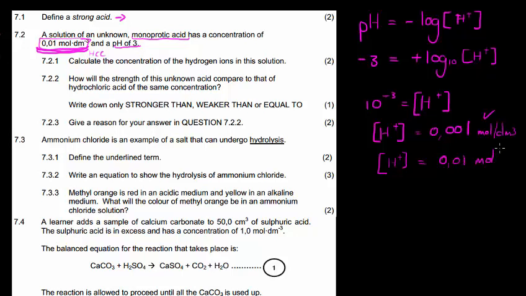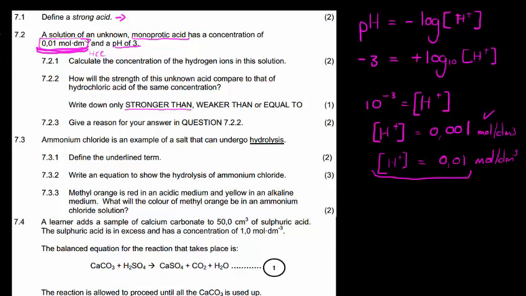That's the thing about a strong acid, the concentration of the acid would equal the concentration of the hydrogen or hydronium. Okay, makes sense? So compared to that, which one is the stronger, this unknown acid or the hydrochloric acid? Hydrochloric acid is stronger. Okay, give a reason for your answer. Because hydrochloric acid would have dissociated completely and therefore have this concentration.